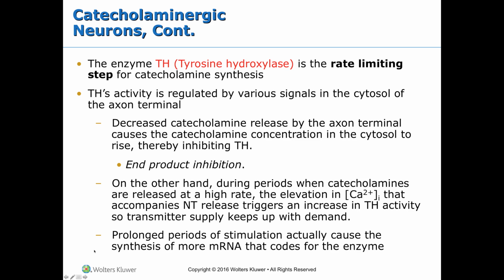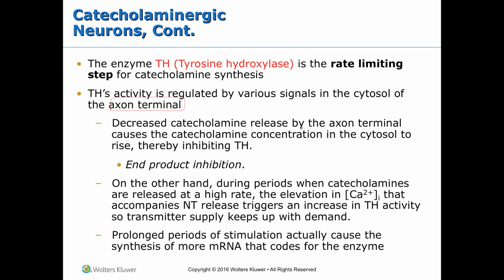So the enzyme tyrosine hydroxylase is the rate-limiting step in the process of catecholamine synthesis. And catecholamines are dopamine, norepinephrine, epinephrine. Tyrosine hydroxylase activity can be regulated by numerous signals that lie in the cytosol of the axon terminal. Because remember, dopamine, norepinephrine, epinephrine are going to be synthesized inside the axon terminal.